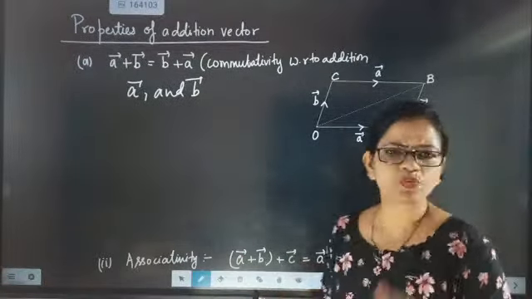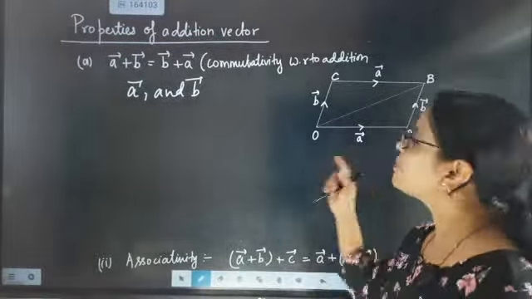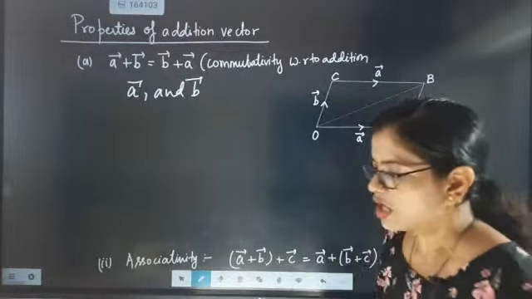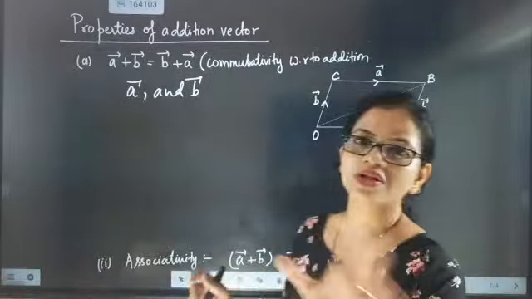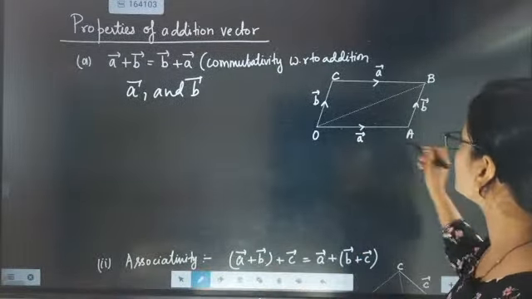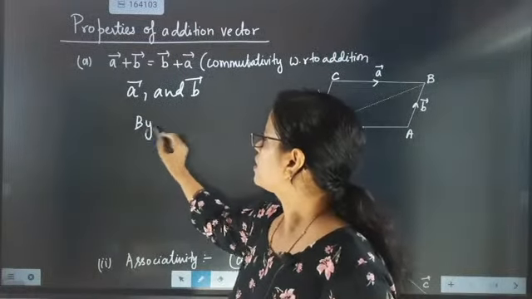So now look here. First work is we have to prove commutativity. How to prove commutativity in short? Just go by the triangle law of vector addition. You don't need to write the total statement. See the arrows.